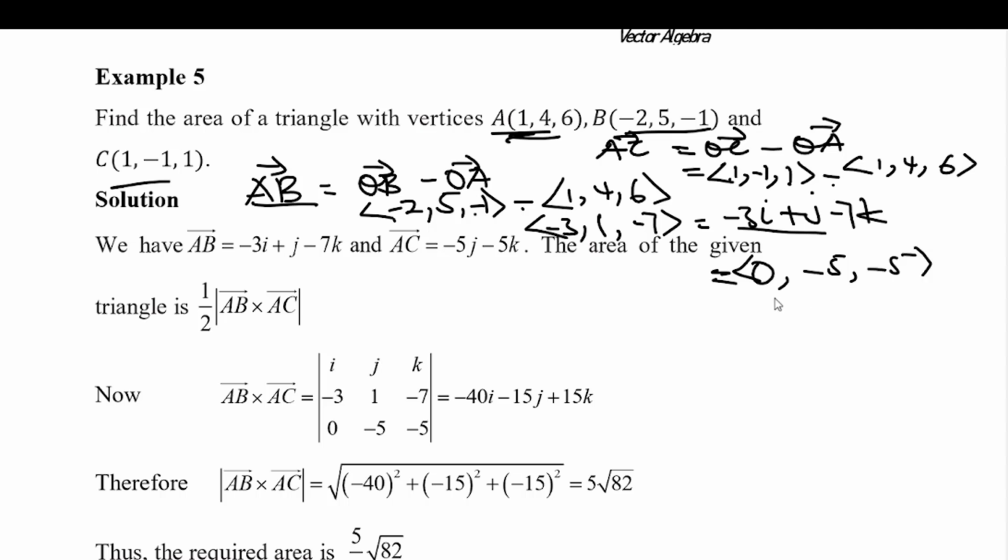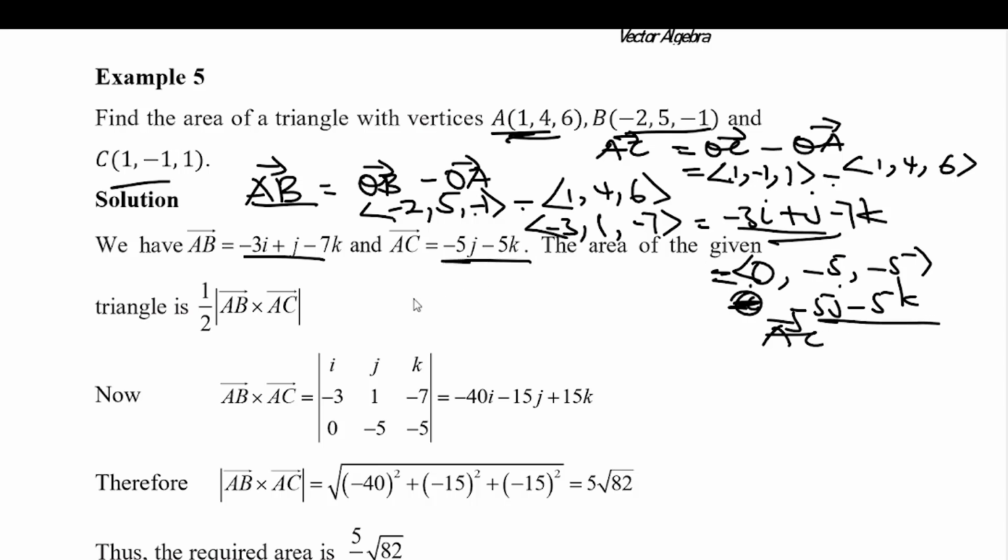For that matter, writing this in terms of i, j, and k will give me the i part is 0, so it's not part here. So you have negative 5j, and negative 5k for line AC. Okay, so that is why we have the answer here for the first one, and the second one we have it here.